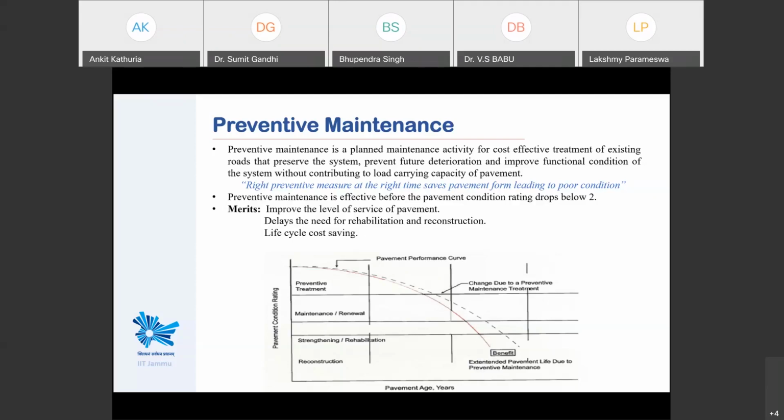If your pavement condition rating reduces to 1, then the only alternative we are left with is either the rehabilitation or the reconstruction of the entire road. So preventive maintenance is very important and should be taken at the right time. Therefore, IRC 82 suggests, as I've written in the second line, that preventive maintenance is effective before the pavement condition rating drops to 2. This is the same rating that we have estimated. So this is one thing.